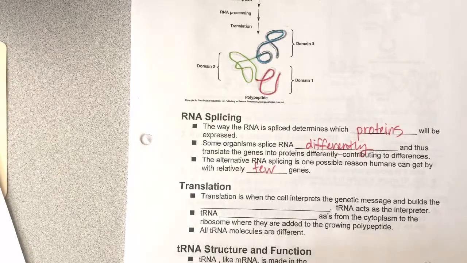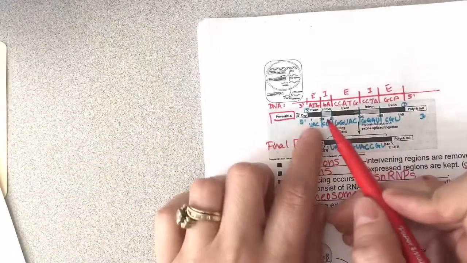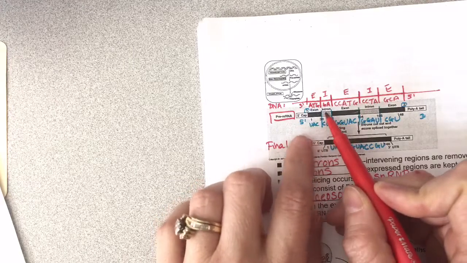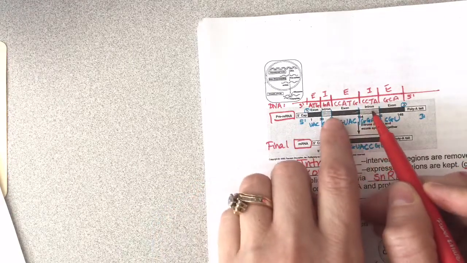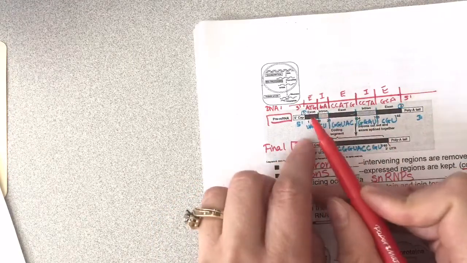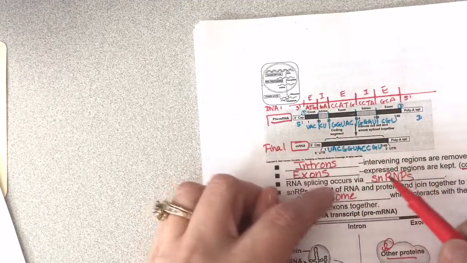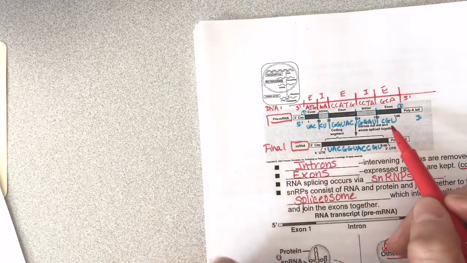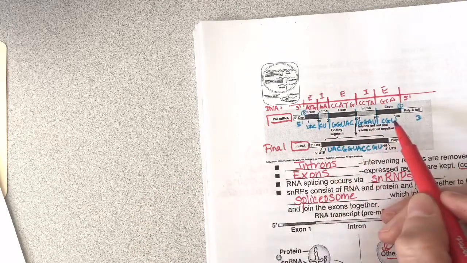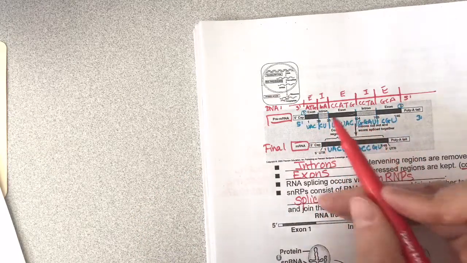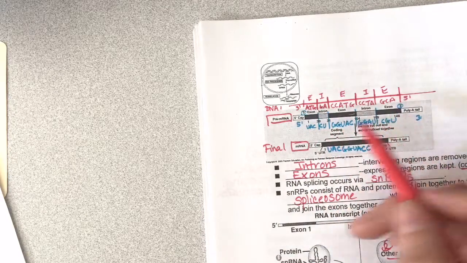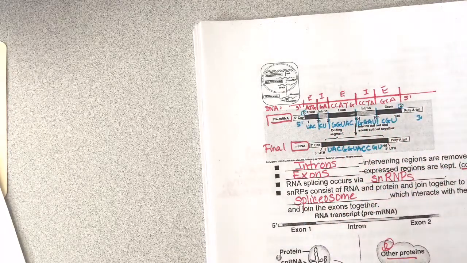So what they think is that going back to this picture, sometimes in making a certain protein, we treat these two spots as introns, but sometimes maybe we'll make them all exons, and we therefore would have more amino acids to hook together, and therefore might have a different protein. So we can use the same segment of DNA differently depending upon what we treat as an intron and what we treat as an exon, and therefore with a small amount of DNA can make a wider variety of proteins.